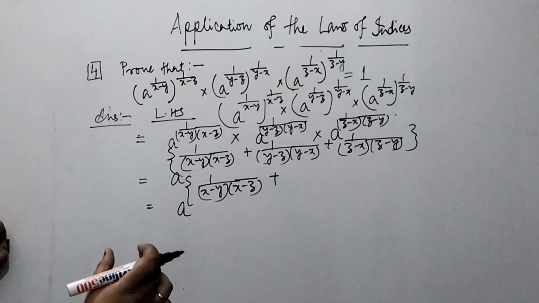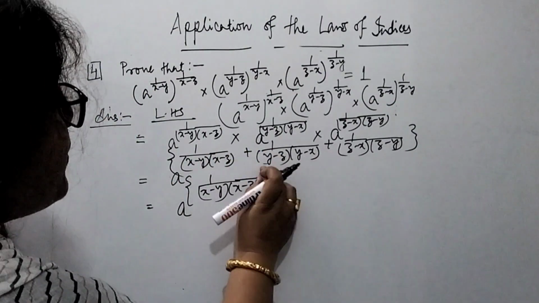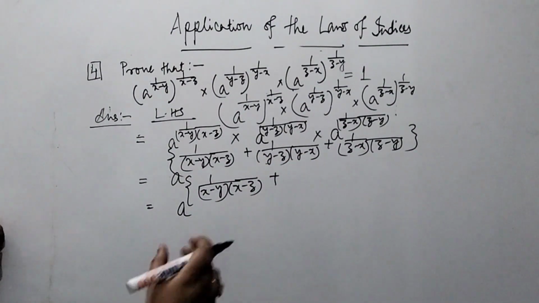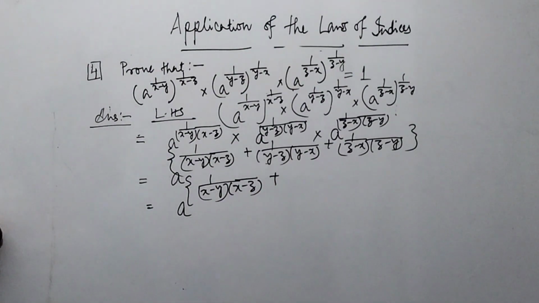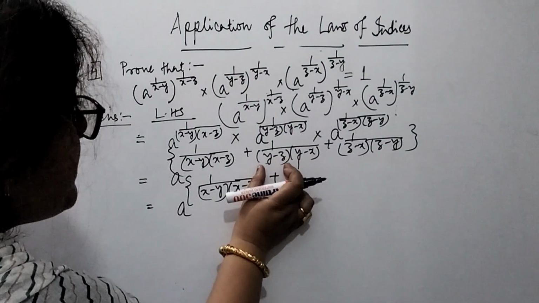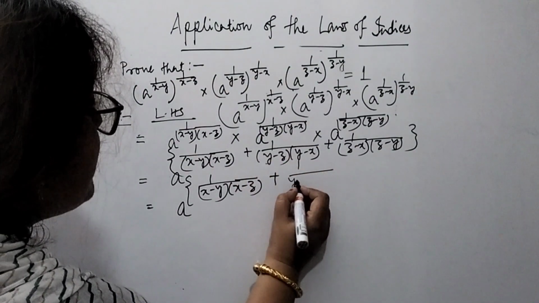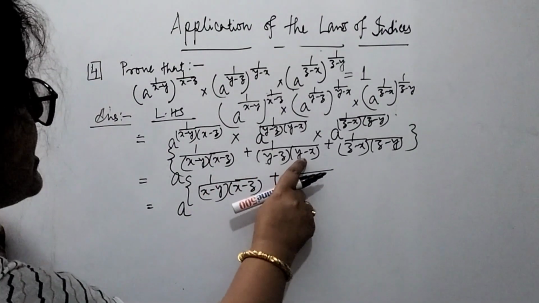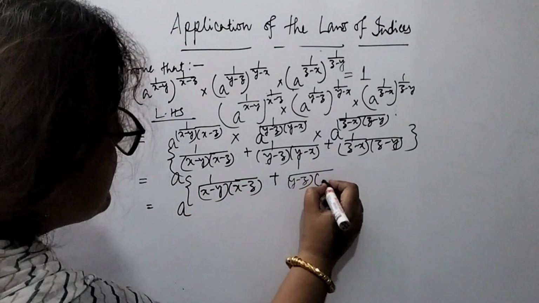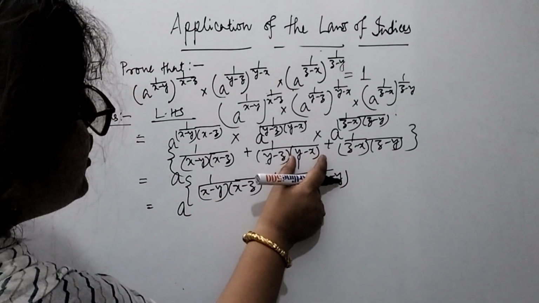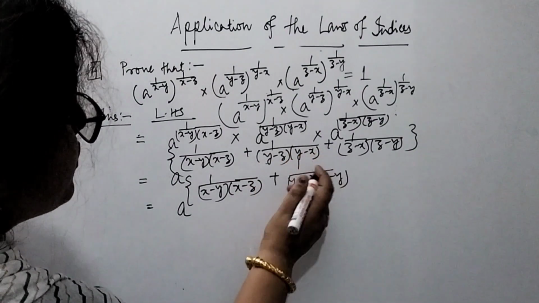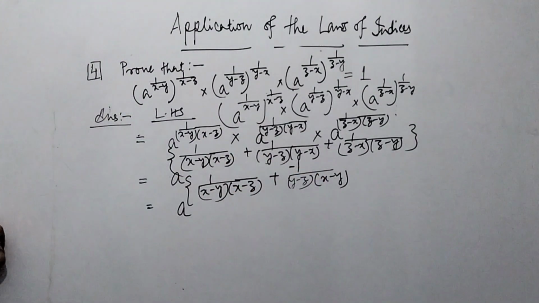Now we will try to make each and every expression alike. How and why? Because if we do so, our calculation will be easier, right? This is y minus z, so leave it as it is. Now this is y minus x, but we want to match it to x minus y. So let's write it as x minus y, but as you are shifting the positions of x and y, one minus will be coming out, right?